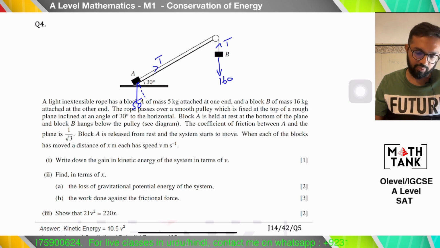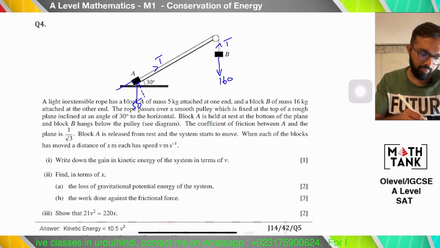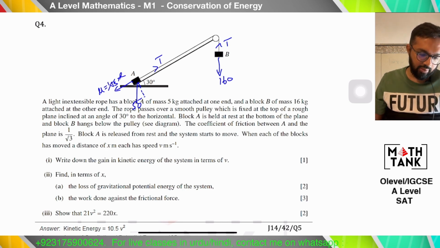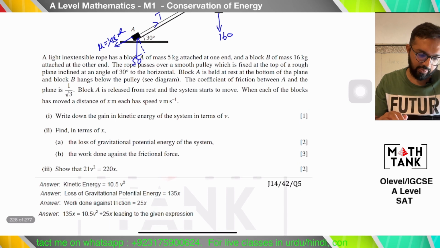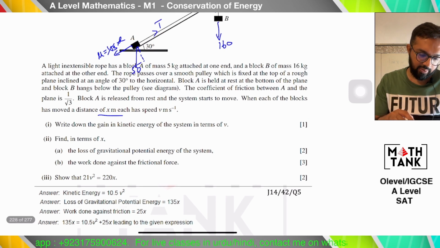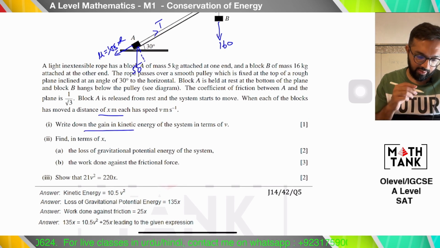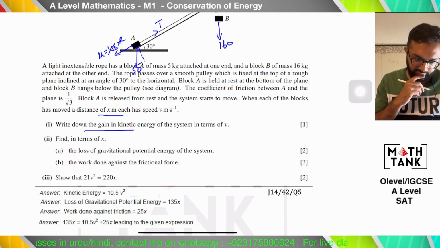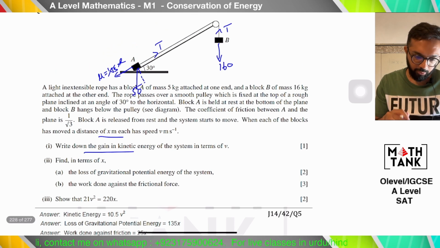The coefficient of friction between A and the plane is 1 over root 3, so mu equals 1 over root 3, into R. Block A is released from rest and starts to move; when each of the blocks has moved a distance of x meters it has a speed v. Write down the gain in kinetic energy of the system in terms of v.